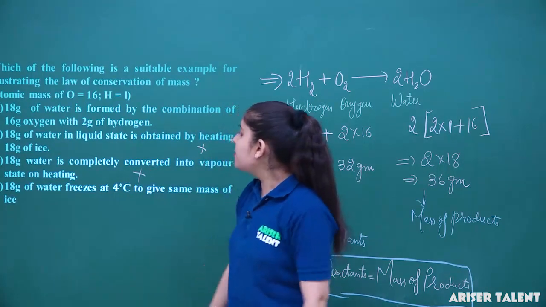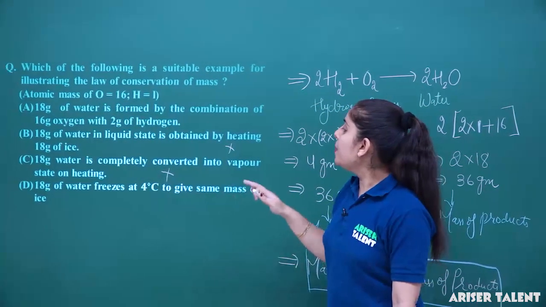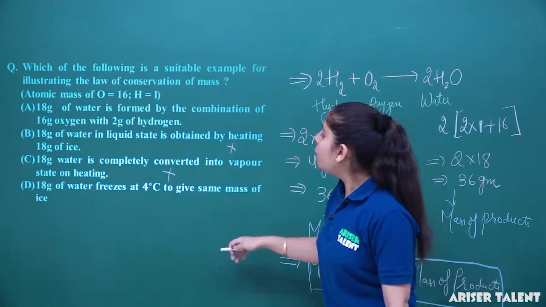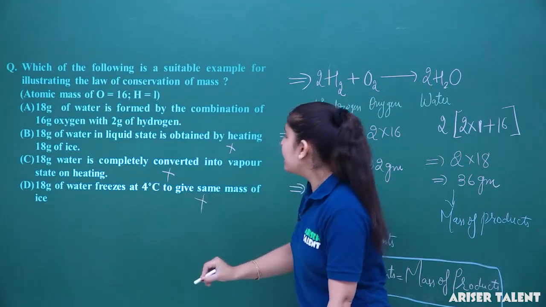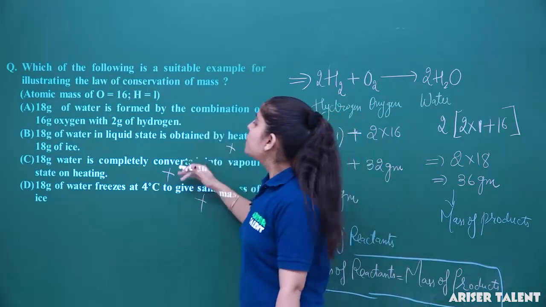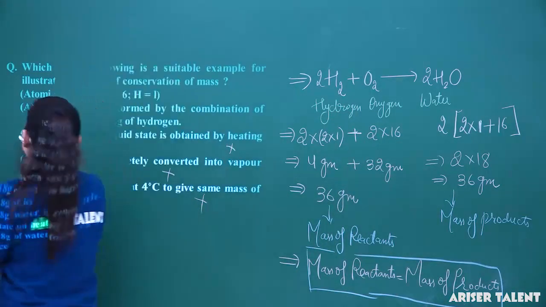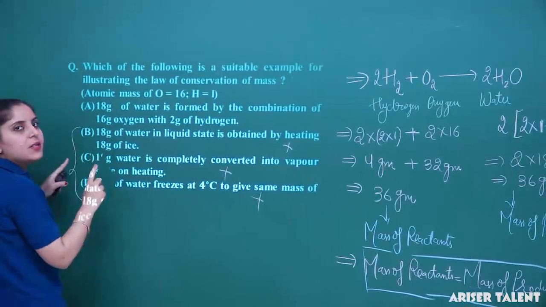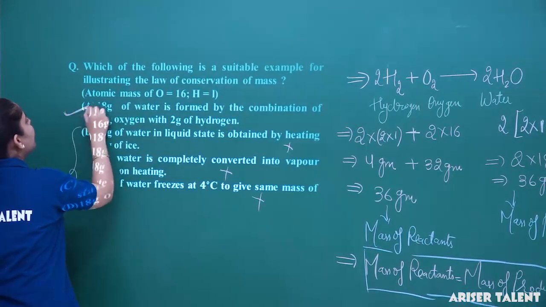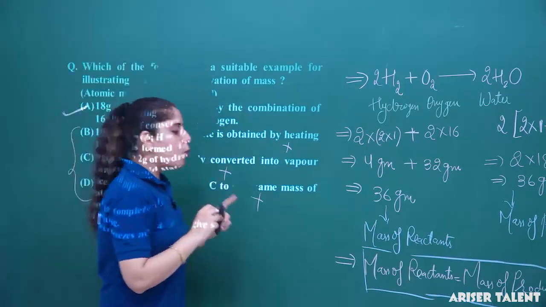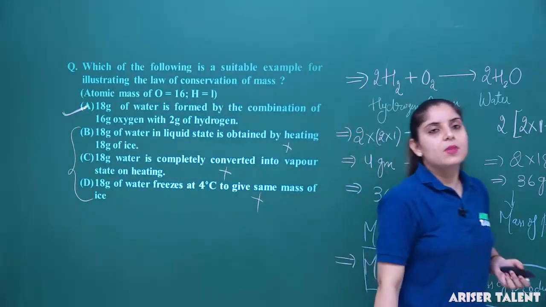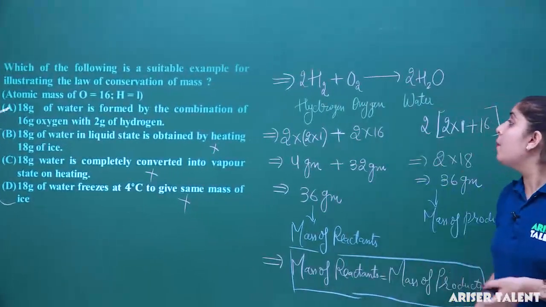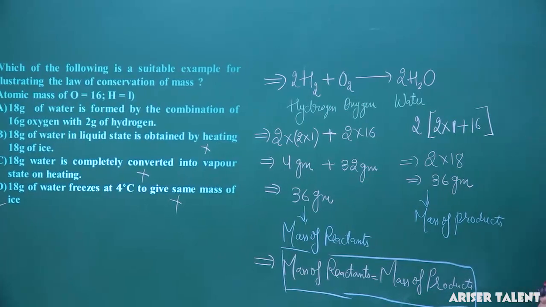This again is not possible. 18 gram of water freezes at 4 degrees Celsius to give the same mass of ice. It means the same mass will not be obtained in these 3 options. So which option follows the law of conservation of mass? Option A follows the law of conservation of mass. So this is the correct option here. You can copy this solution from here.